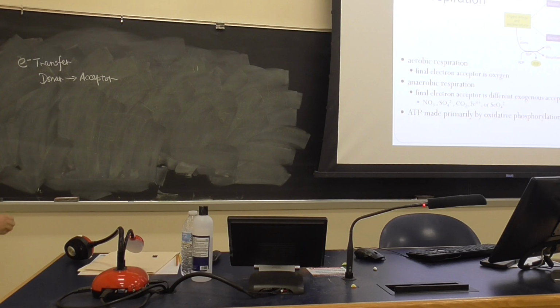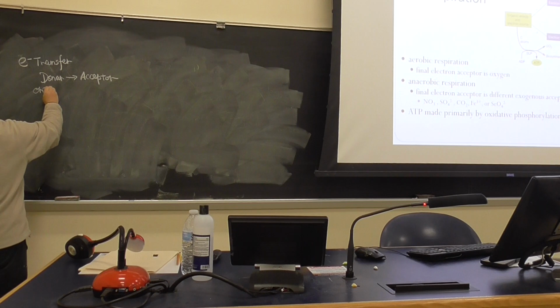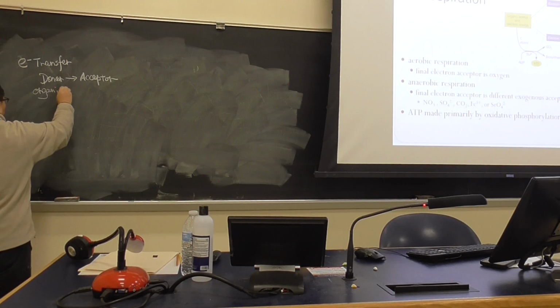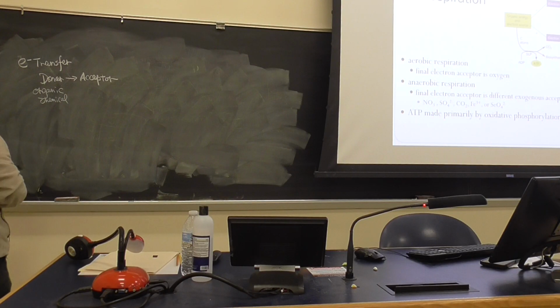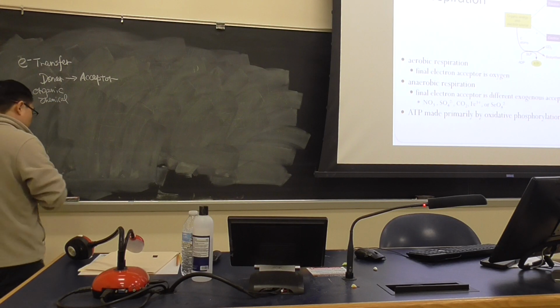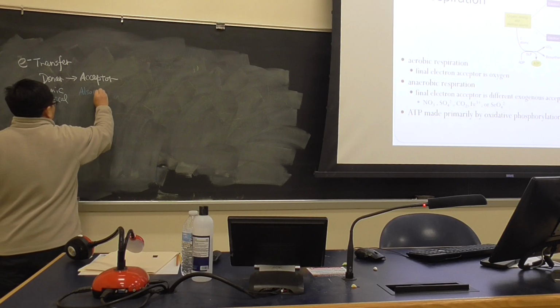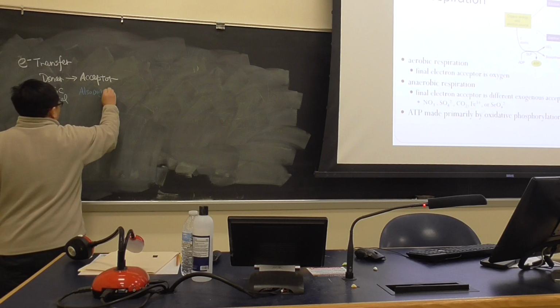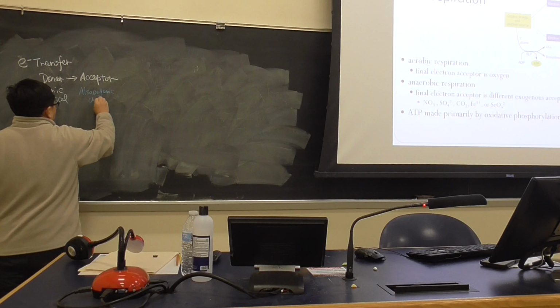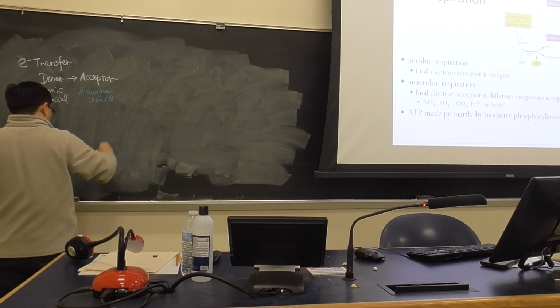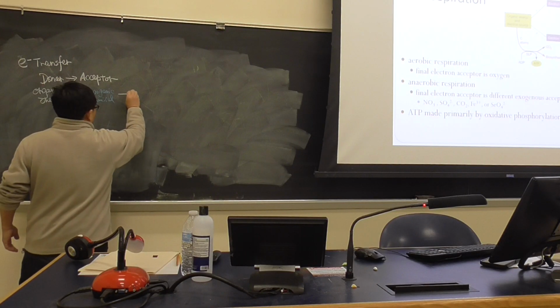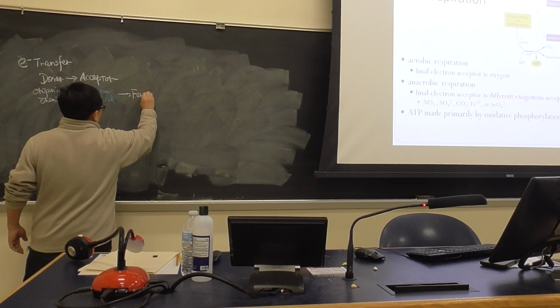If the electron donor is an organic chemical, and the electron acceptor is also an organic chemical, this process is called fermentation.